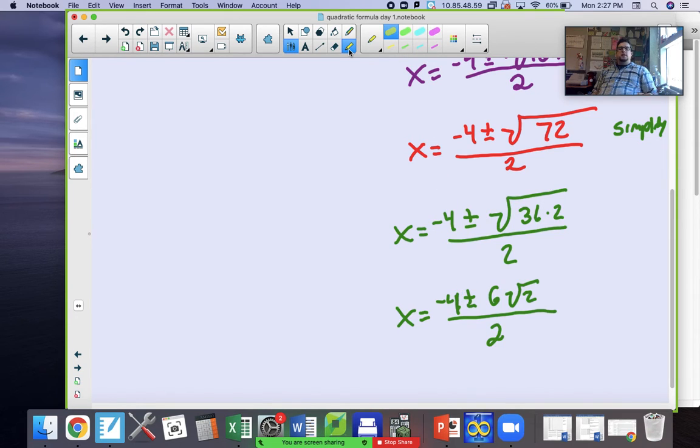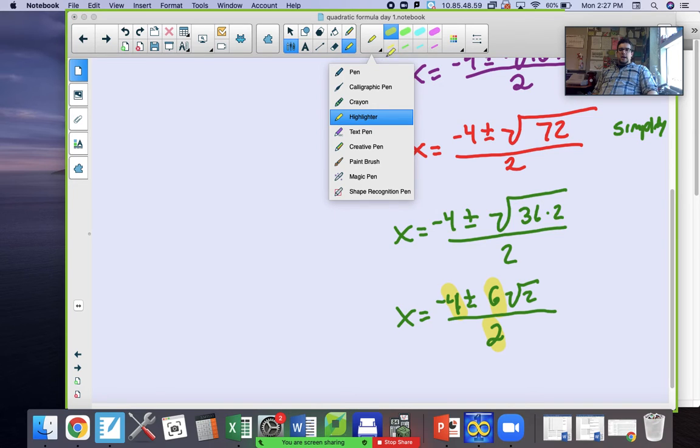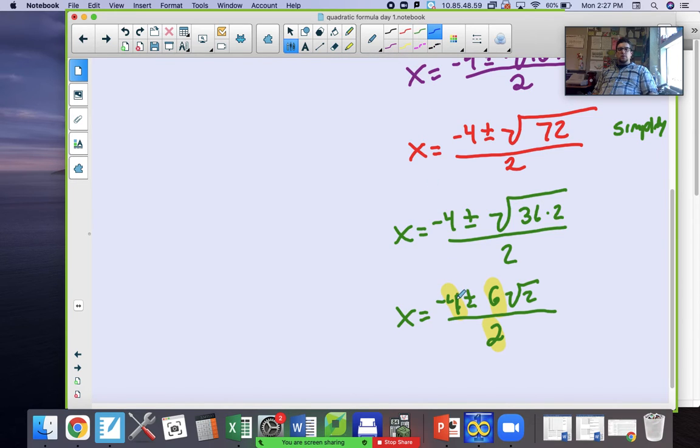The final thing that we do when we simplify these quadratics is we take a look at the numbers that are outside of all of the radicals. So the 2 is not included here, this root 2. The square root protects it. And if there's anything in common with those 3 numbers, we simplify it further.